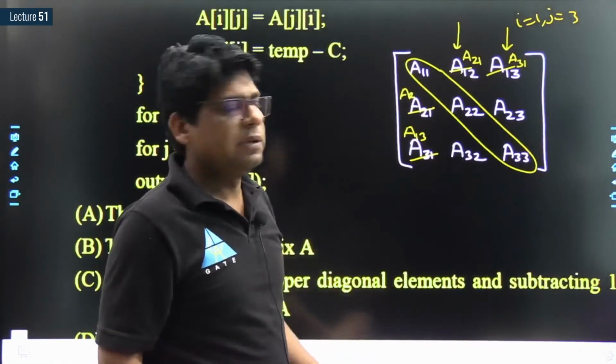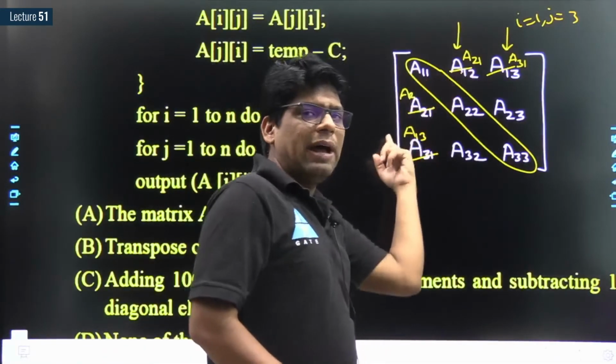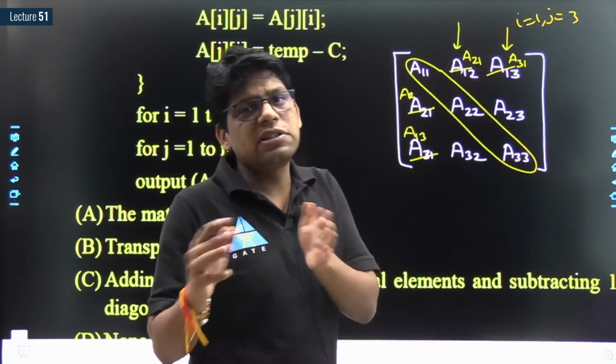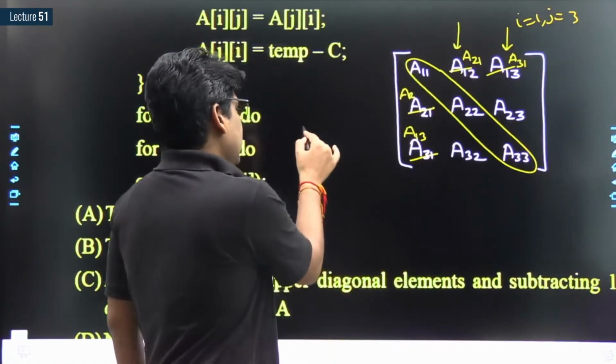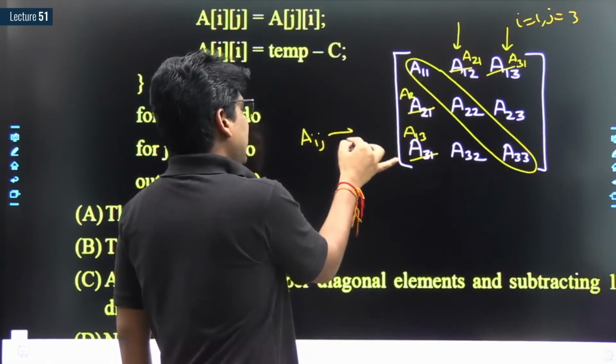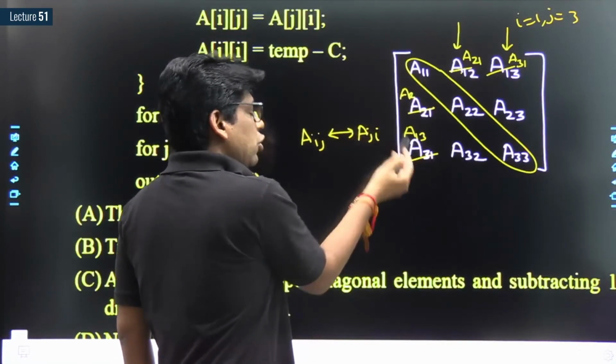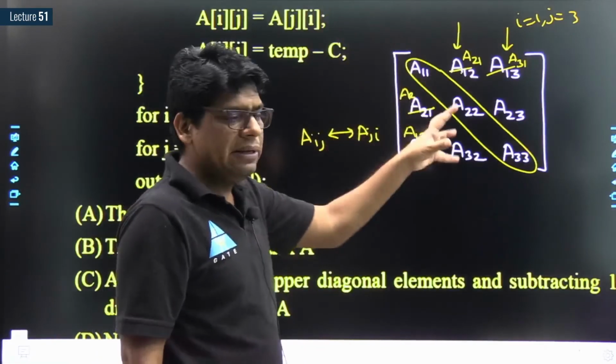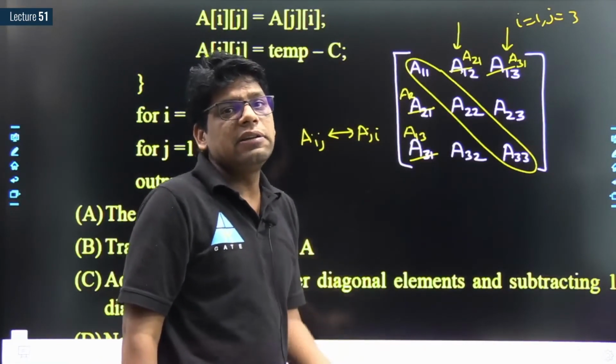Sir, nothing happens. Every element is swapped 2 times with its corresponding symmetric element. That means Aij is swapped with Aji 2 times. That's why the matrix remains unchanged and we didn't get the transpose.